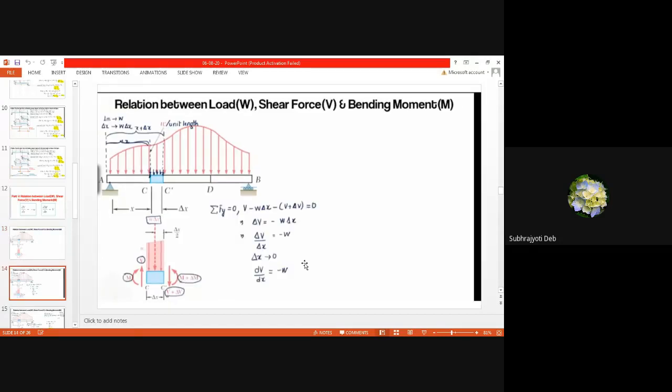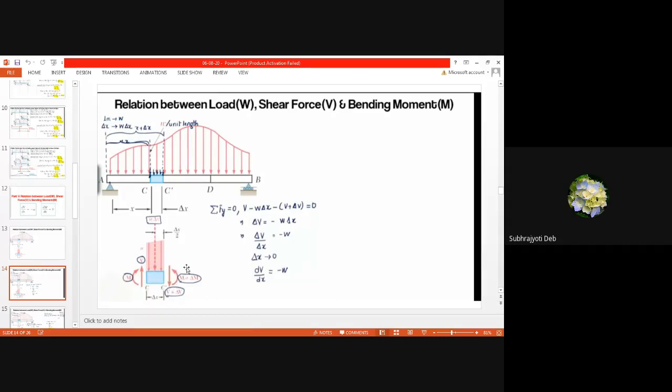So this is a summation of forces, for the section to remain in equilibrium. It's the same thing we did yesterday. Summation of forces in the y direction is equal to 0. So what are the forces? We are considering this small section, the C dash portion.